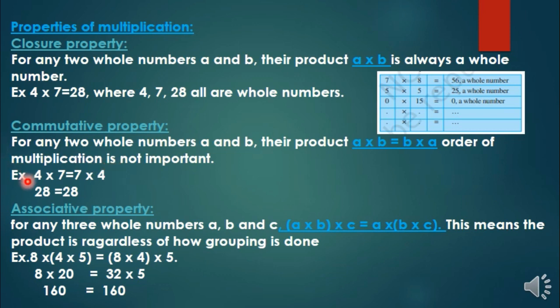As we know, first we will solve the bracket. 8 fours are 32, multiplied by 5, which is 160. Here 4 fives are 20, and 8 multiplied by 20 is also 160. Means in both the cases answer is same. So we can say in multiplication, whole numbers are associative. Means associative property is applicable for multiplication of whole numbers.